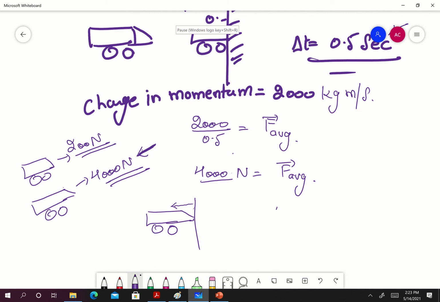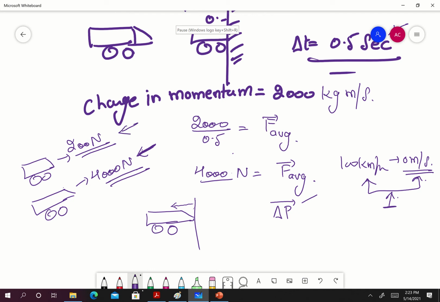Because the change in momentum remains constant, whatever the mass of the car moving at 100 kilometers per hour and coming to rest, we want to increase the time span from 100 kilometers per hour to 0 meters per second, so that even in the case of an accident, the driver can survive and will feel less force.